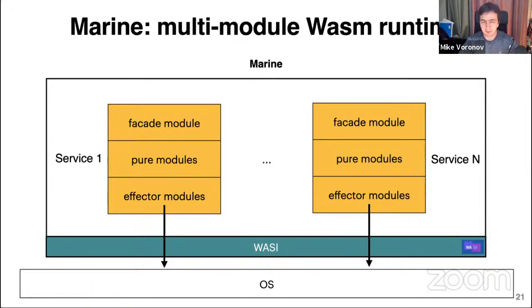From the service perspective, Marine can be considered like this: Marine can load several services that consist of several modules. Only effector modules can access the operating system, call mounted binaries, and so on. Services are completely isolated. Modules from one service can call only modules from this service and can't call modules from a different service.